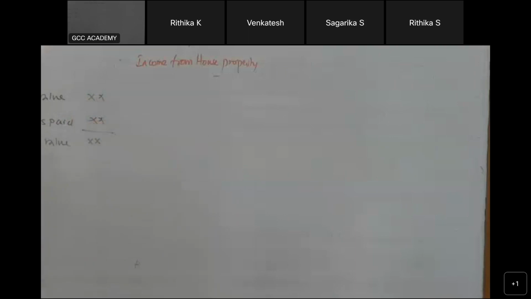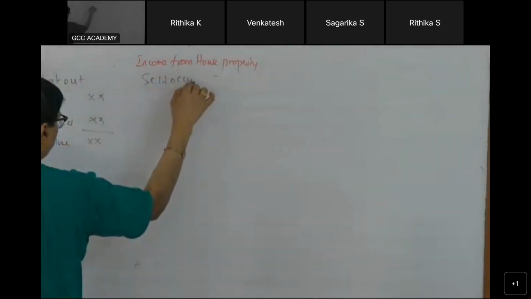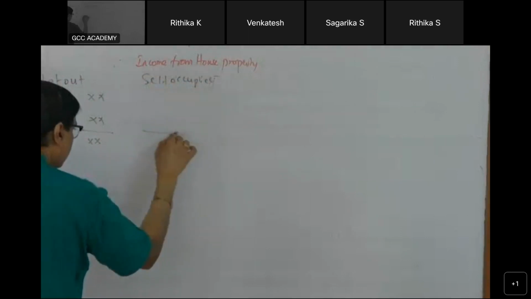Less standard deduction. Now carefully observe, for let out property, 30% of NAV. And for self-occupied property, carefully observe, this is for let out. For self-occupied, NAV itself is nil.